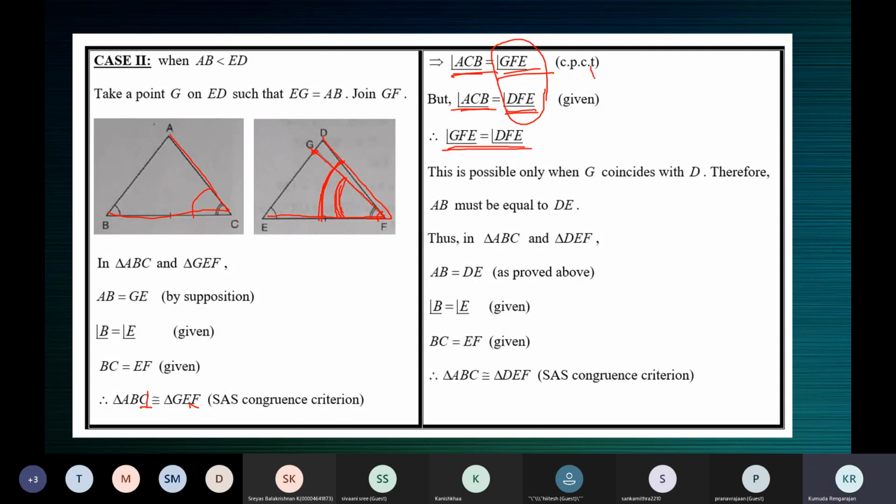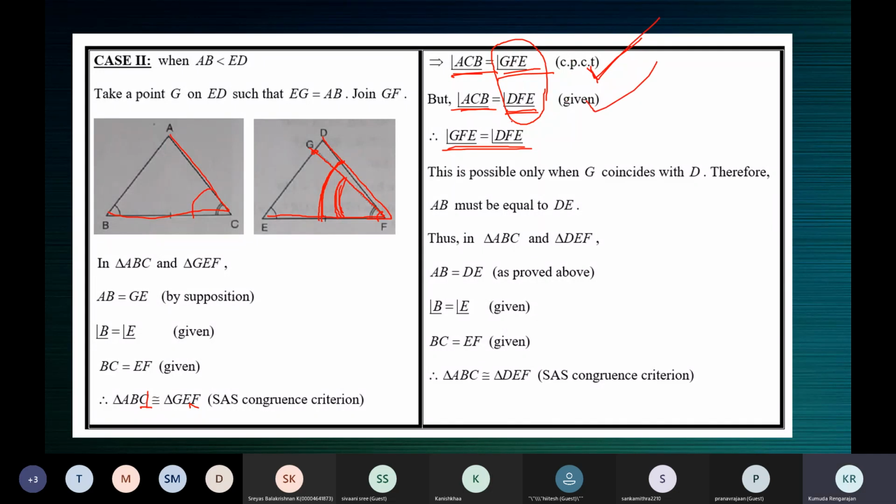We get this result by CPCTC. If this supposition is true, then these two angles are equal by CPCTC. This one is given.